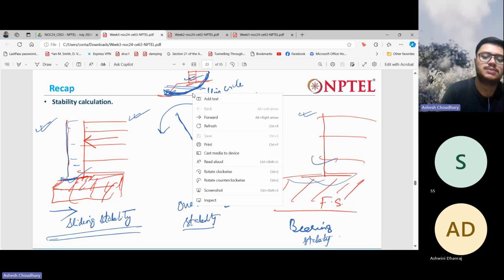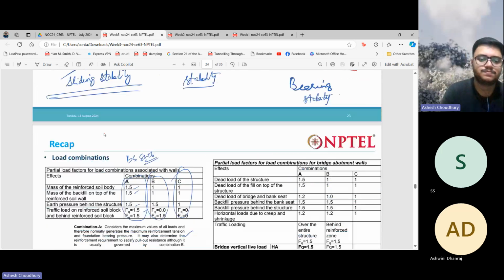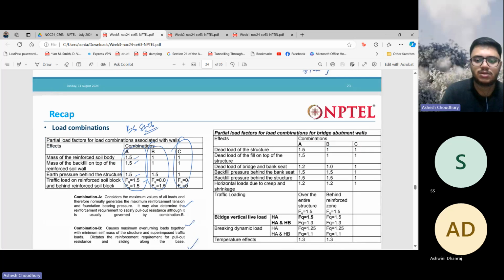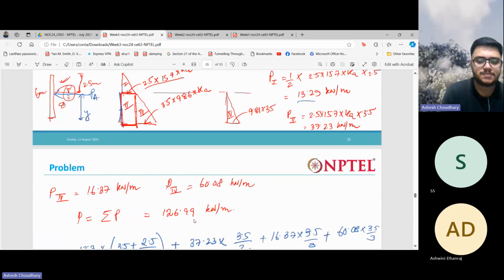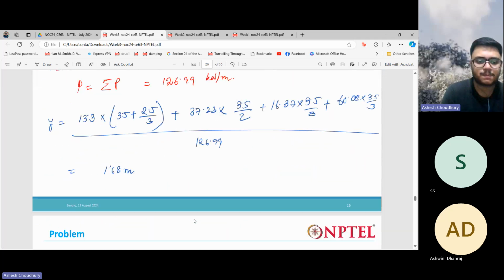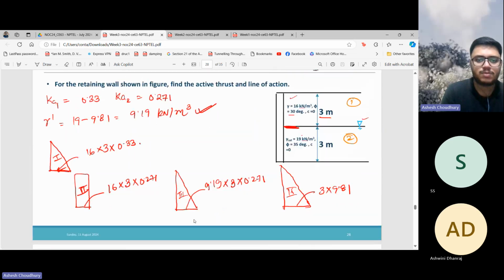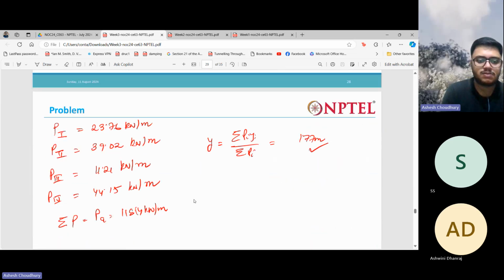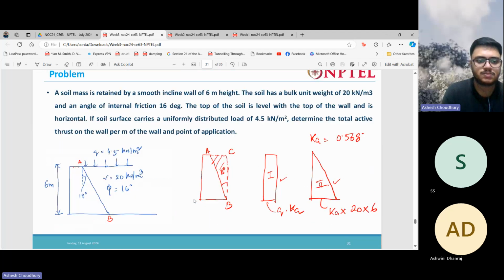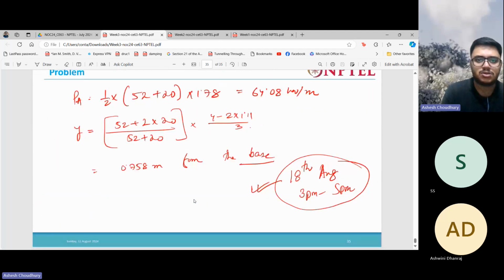So sliding stability, overturning stability, bearing stability, and slip circle failure. And we saw the different load combinations in different scenarios, and then we solved some problems, right? Basic problems from your basic retaining wall earth pressure theories. Nothing different.